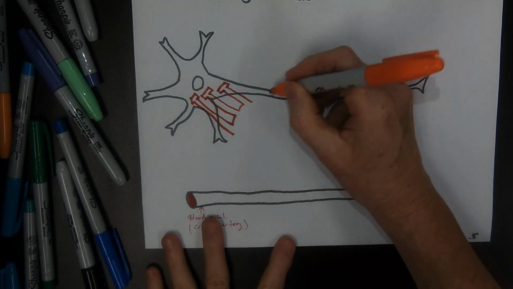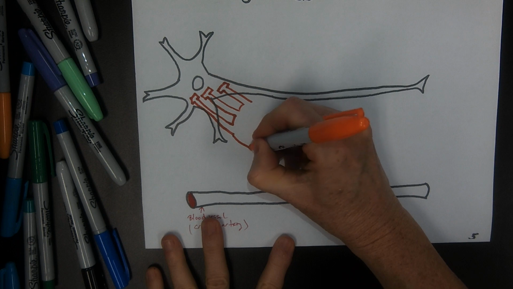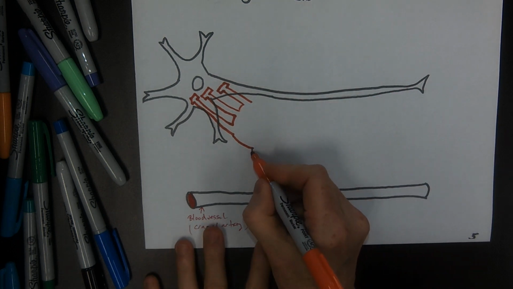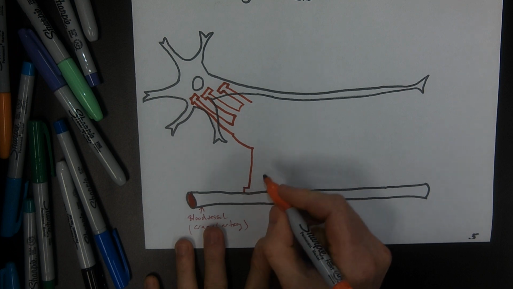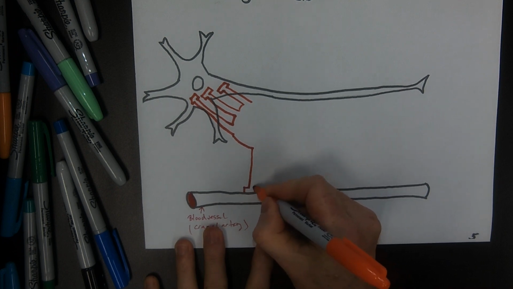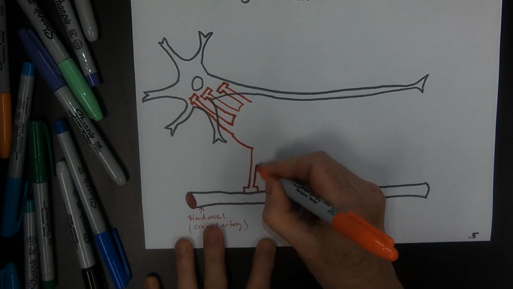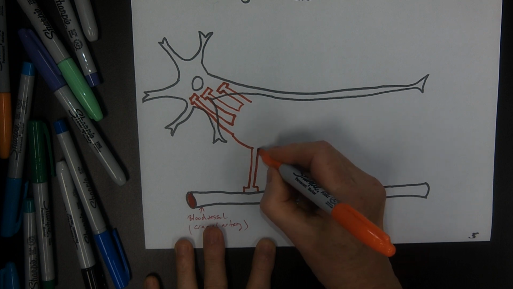And then I'm going to have 3 feet down here. And these feet I'm going to draw so that they're juxtaposed. 1 foot there.